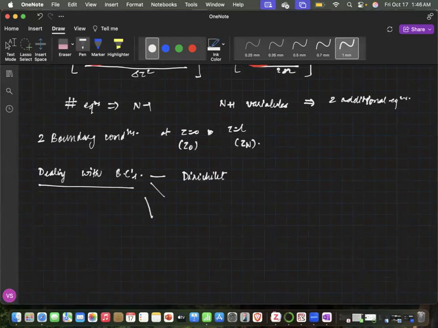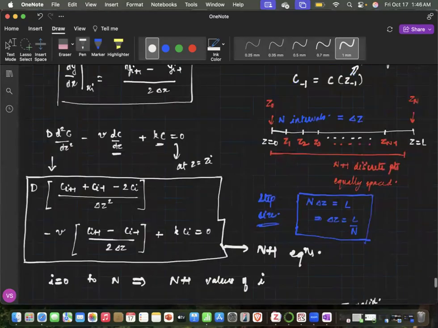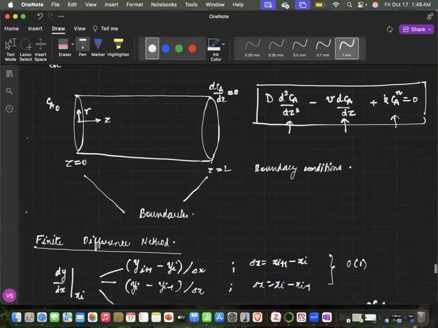The Dirichlet boundary conditions are where the value of the dependent variable is specified at the boundary. For example, in our problem, this over here is a Dirichlet boundary condition because the value is specified.